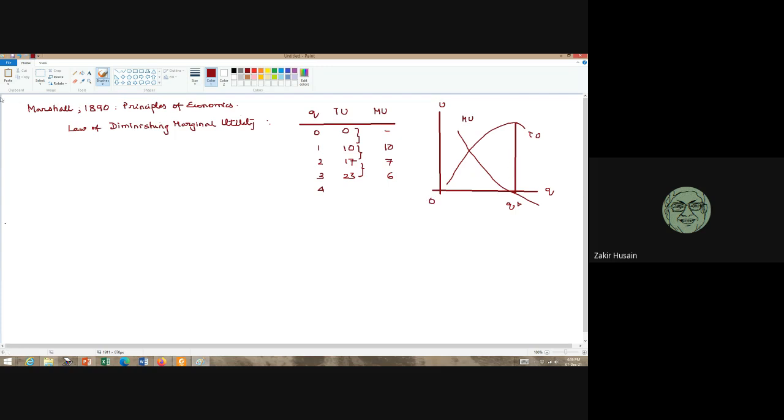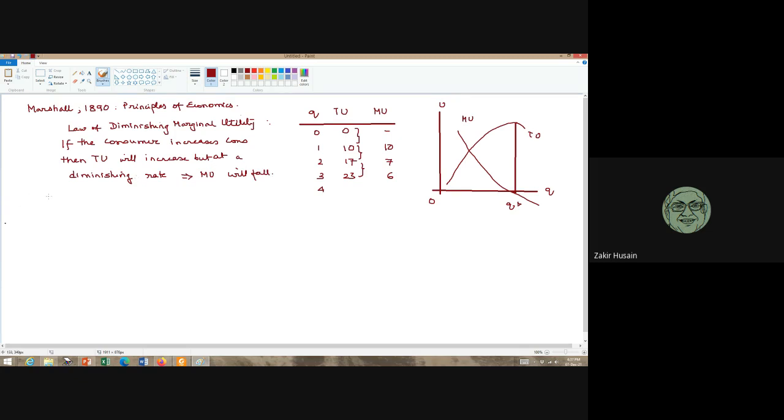So this is the law of diminishing marginal utility, that if the consumer increases consumption, then total utility will increase, but at a diminishing rate. Or in other words, marginal utility will fall.